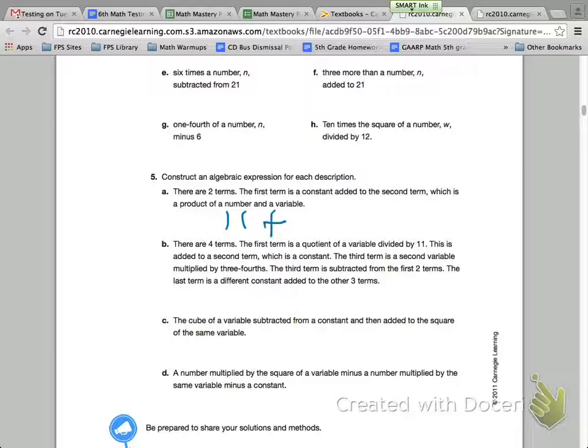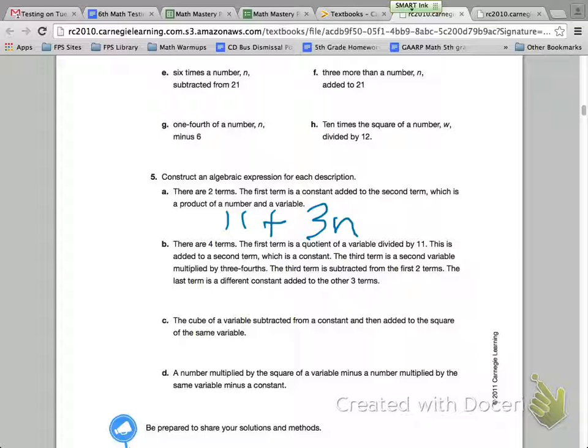So that's going to be plus, which is a product of a number and a variable. I know a product is the result of a multiplication, so I have to multiply a number with a variable. So I could say that that's 3, and I could say that that's n. So if I look back at this, it says there's 2 terms. I got my 2 terms, 11 and 3n.